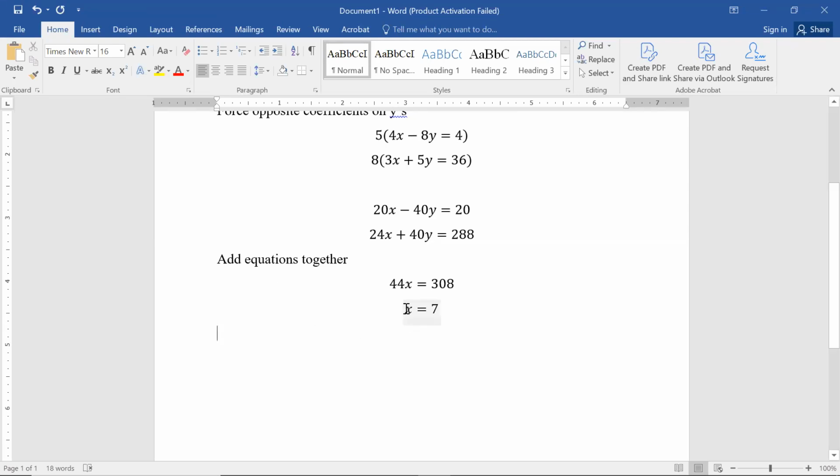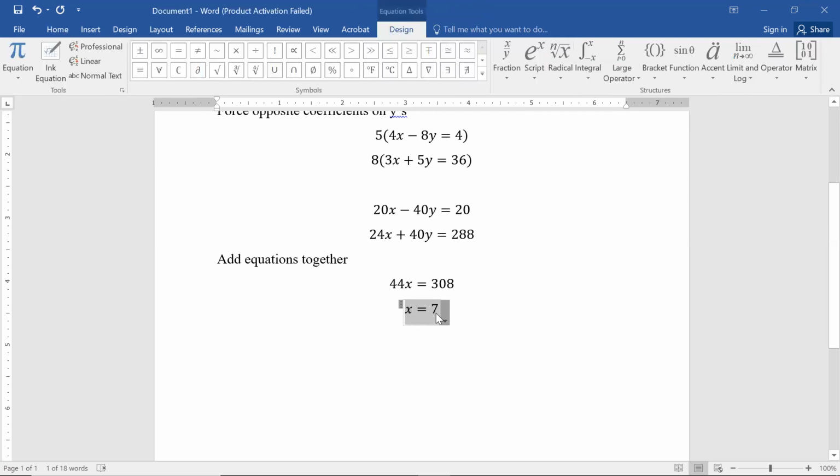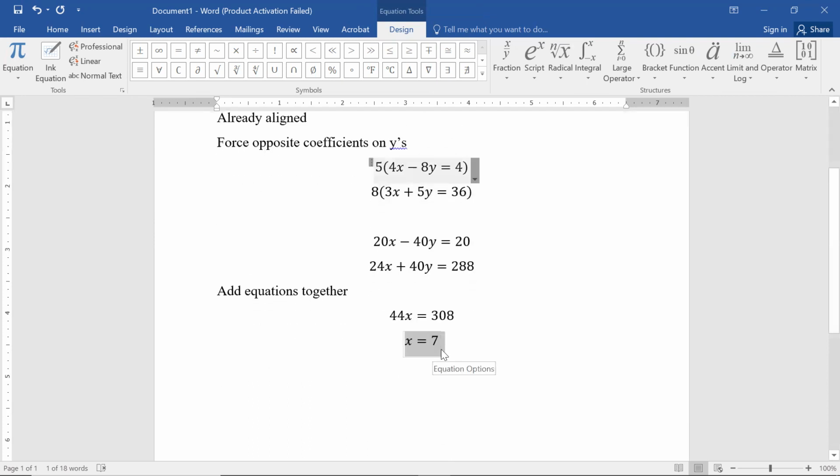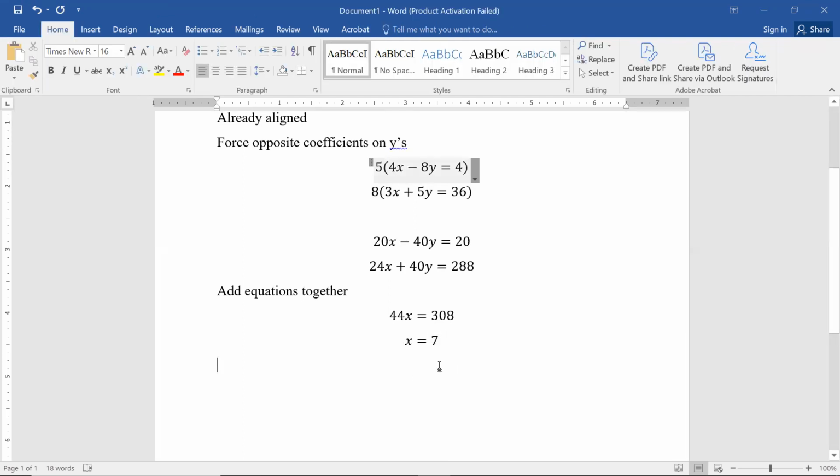Now, at this stage, it is perfectly reasonable to say, let's just plug in 7 into my first equation and find y, or plug in 7 into the second equation and find y. However, once you get really good at elimination, especially if our answers are kind of ugly, this one's not very ugly, but a couple of examples ago, we saw 6/7s or -6/7s.